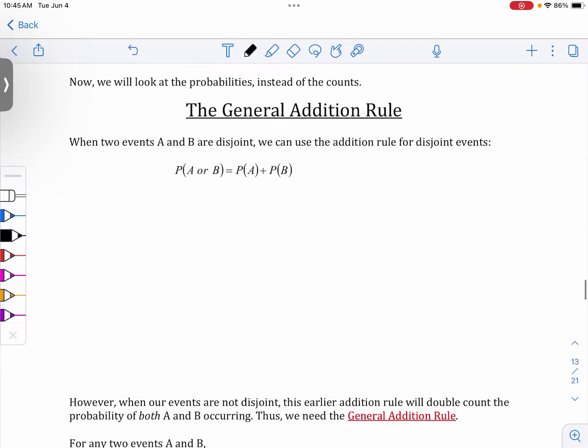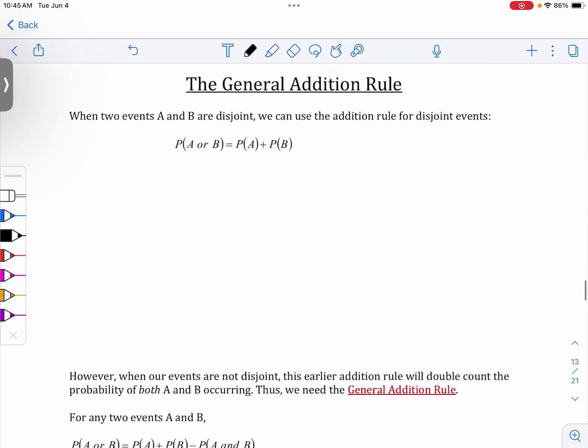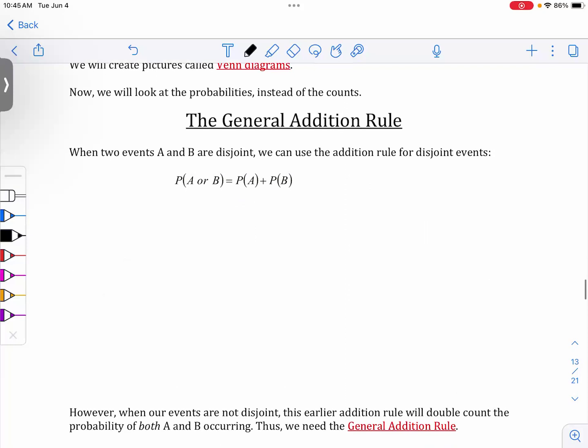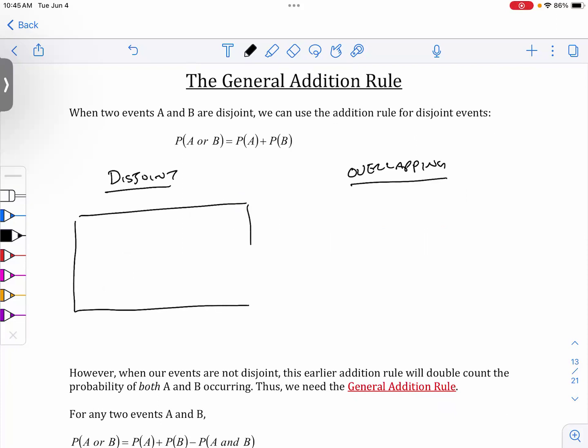It's going to show us what's known as the general addition rule, both the specific and the general addition rule, because a Venn diagram visually displays probabilities of events. So we have 2 cases: disjoint events and overlapping events. And a Venn diagram is just a box with 2 circles in it.